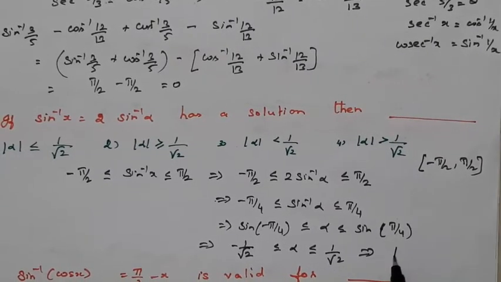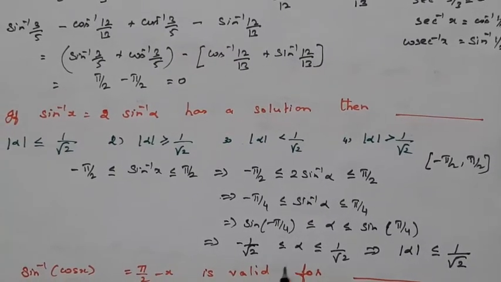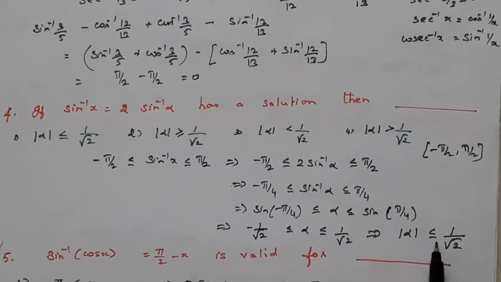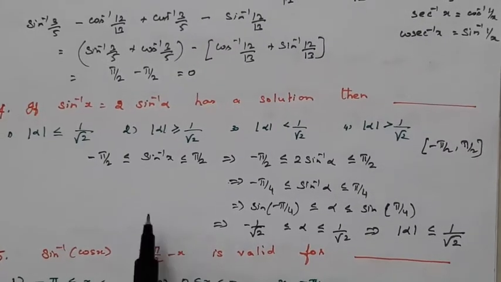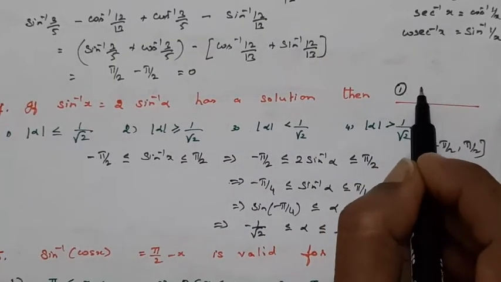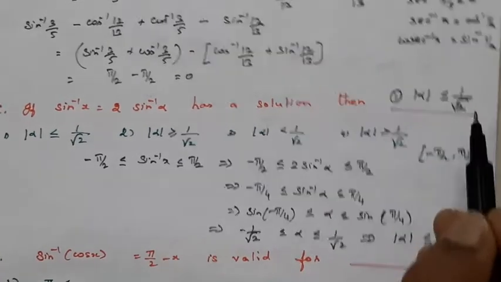So this implies that modulus of alpha is less than or equal to 1 by root 2. As alpha lies between minus 1 by root 2 to 1 by root 2, its modulus value is less than or equal to 1 by root 2. So this is option number 1. So the answer for this one is option number 1, modulus of alpha is less than or equal to 1 by root 2.